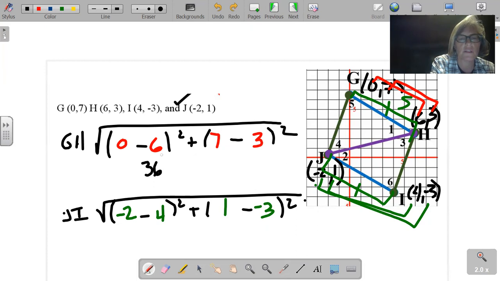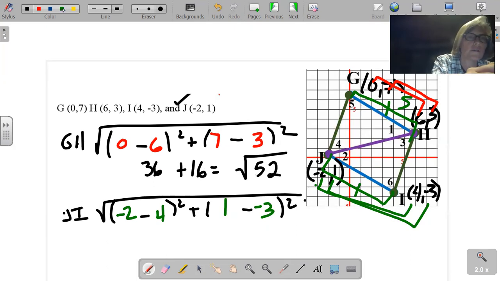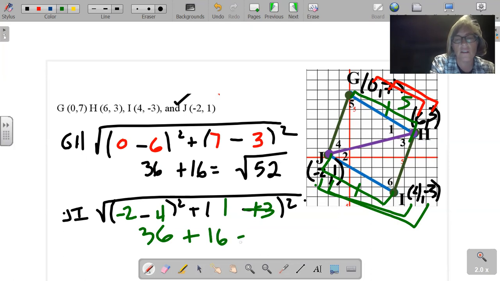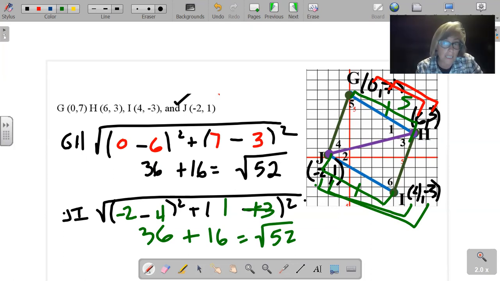That's just negative 6 squared, which is 36. This is going to be 4 squared, 16. So this ends up being the square root of 52. Coming down here, negative 2 minus 4 is negative 6 squared, 36. A double negative makes a positive, 16. And there we go. We have proven that GH and JI are congruent using the distance equation.